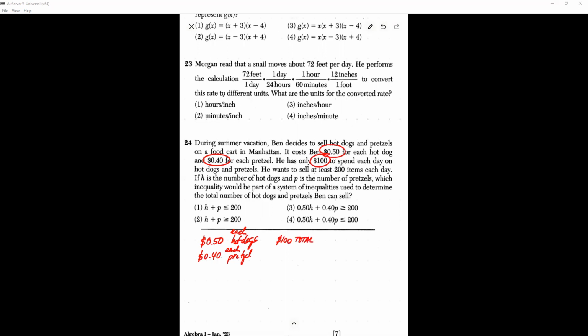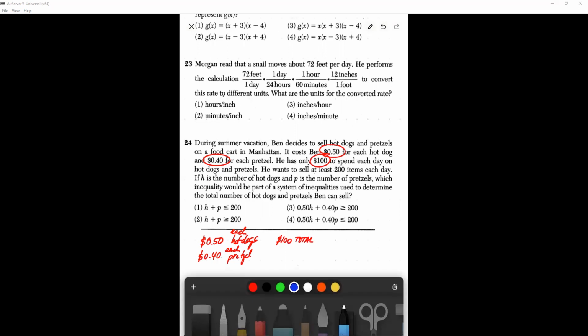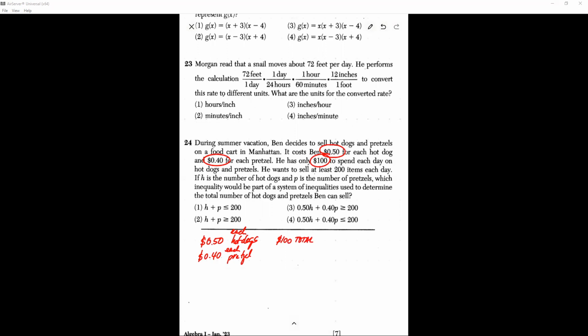Then I'm going to switch the colors up. The next thing it says is he wants to sell at least 200 items each day. Well, what are the items? There's only two things: hot dogs and pretzels. So instead of saying items, we're going to say hot dogs and pretzels.